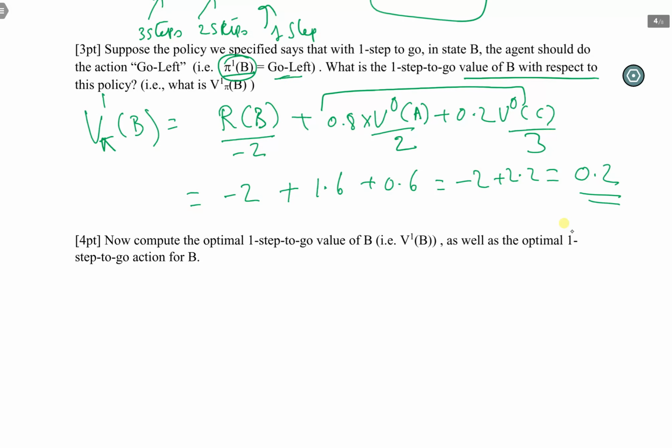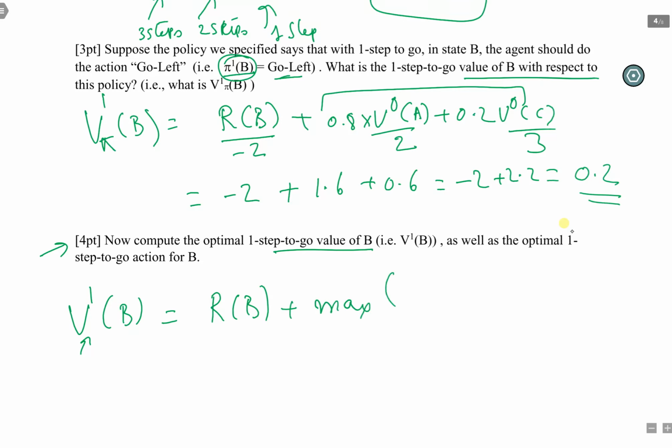Now what I want to do next, in the last part, is to find the 1 step to go optimal value. Here there is no policy; V of B with 1 step to go would be R of B plus the max of what it gets by going left and what it gets by going right.